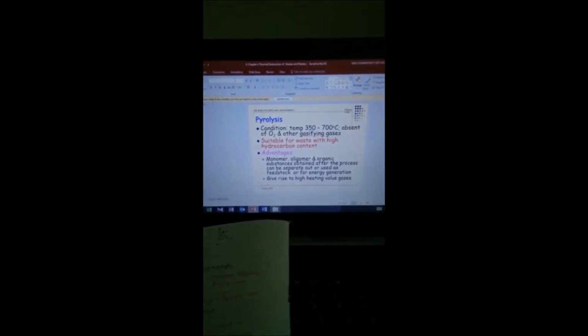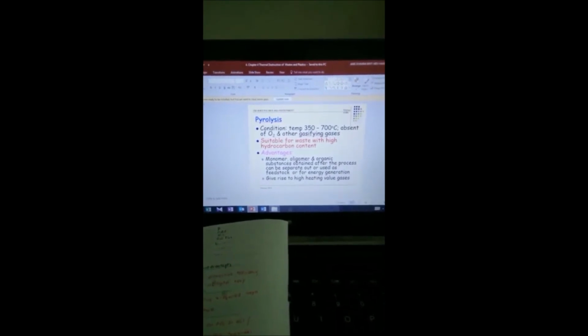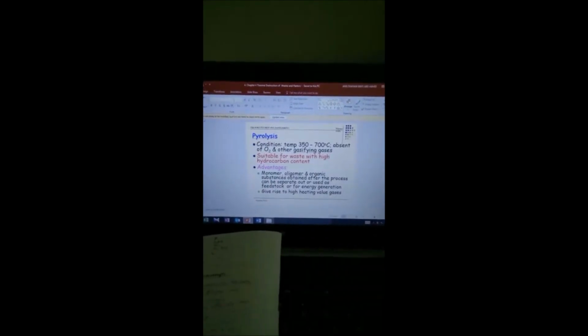And for pyrolysis, this is the advantages. As you can see here, the advantages of pyrolysis is monomer, oligomer, and organic substances obtained after the process can be separated out or used as a feedstock or for energy generation. It also gives rise to high heating value gases. And for disadvantages, this kind of process is not suitable for PVC, as HCl or chloride salt, metal impurities, and potentially dioxins are produced.